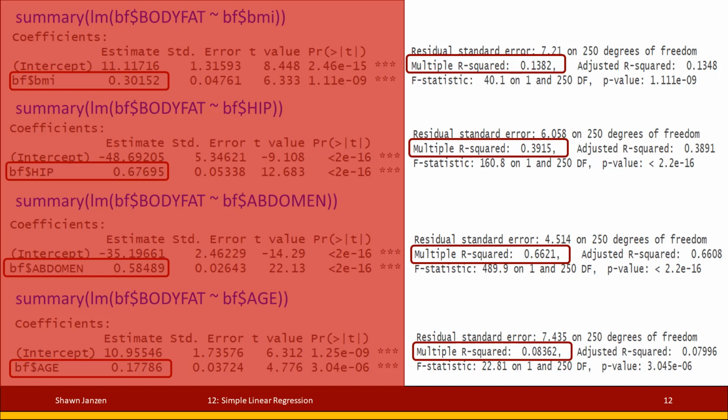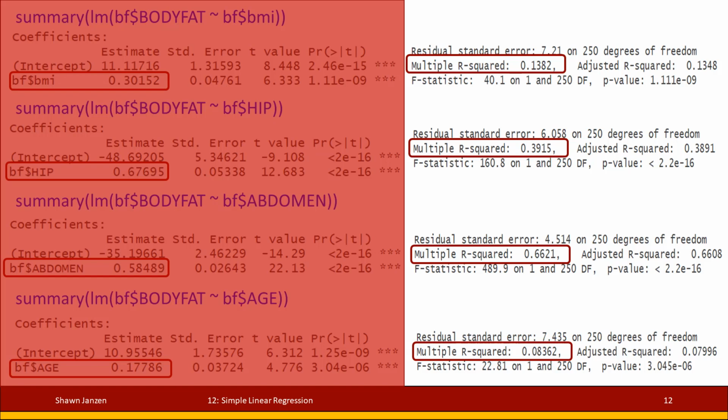BMI is being measured differently from the hip and the abdomen, and it's also being measured differently from age. They're not on the same scales, so this is sort of an apples to oranges comparison. Later on, we'll talk about how we can standardize our coefficient variables so we can compare them.